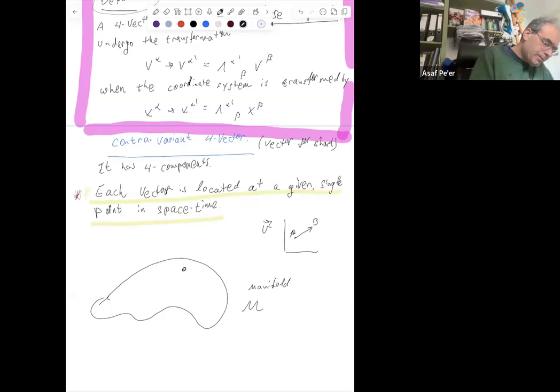Then I choose a point P on that manifold. And then I look at the set of all possible vectors which are located at this point.